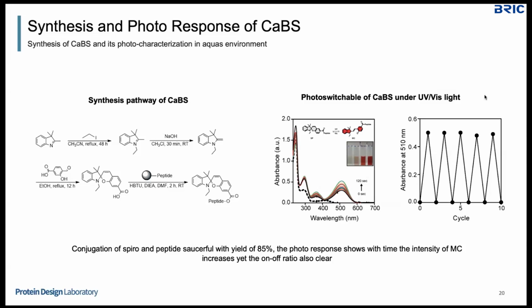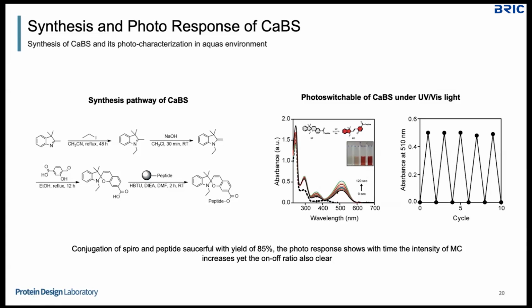We were able to successfully synthesize it with a yield of around 85%, and then validated whether spiropyran and peptide can work in aqueous solutions like PBS and give good photoactivity. As I talked about earlier, spiropyran has no color, yet when we introduced UV light, over time the intensity started enhancing at around 510 nanometers, and you can see the color changed from colorless to a reddish color with time under UV.